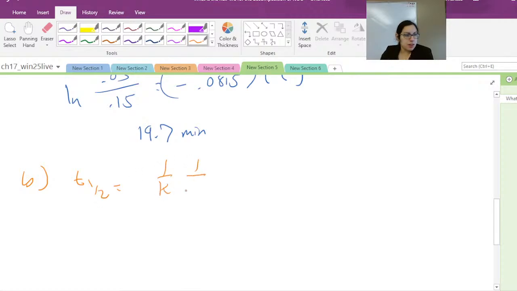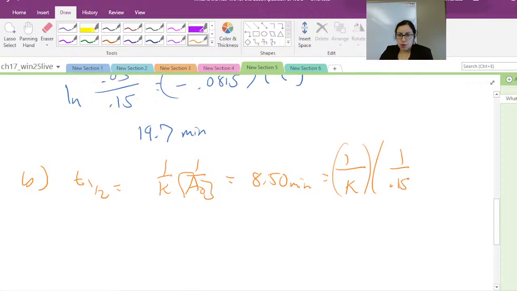For second order it's 1 over k times 1 over the initial concentration. So 8.5 minutes is equal to 1 over k, which we're trying to solve, times 1 over 0.150.